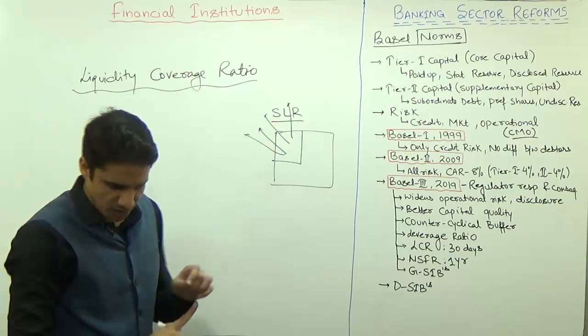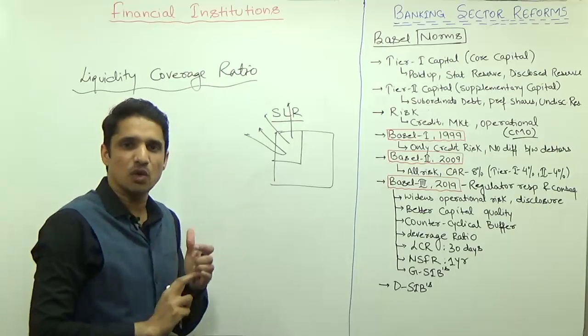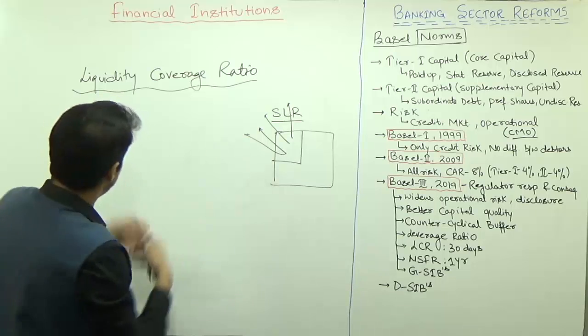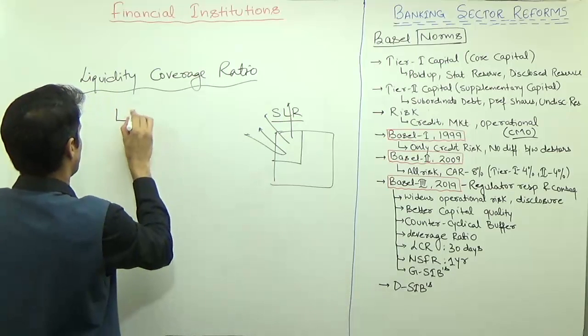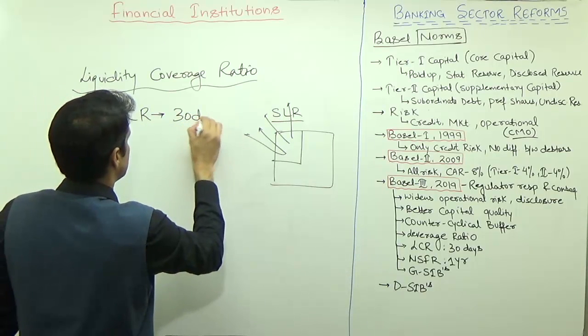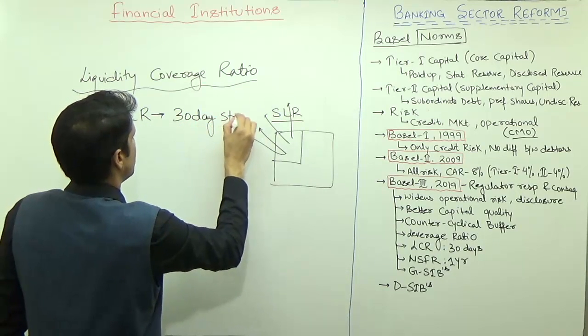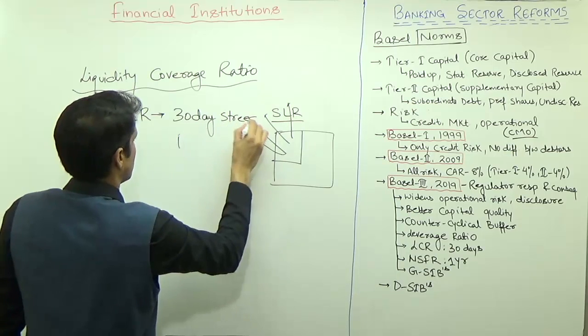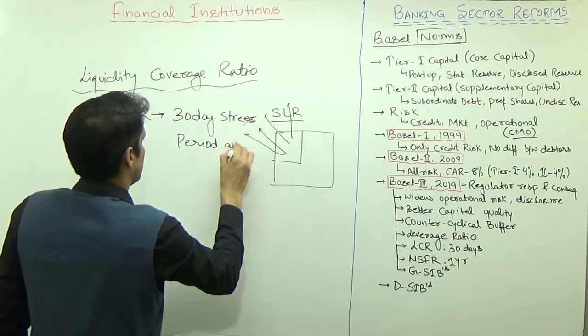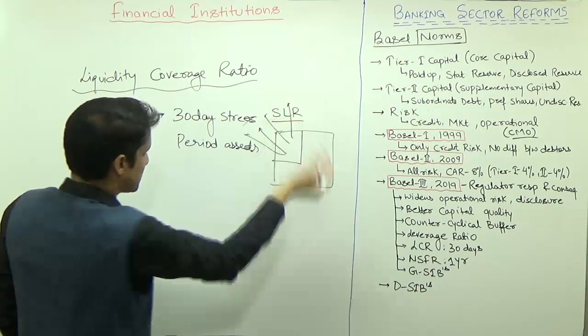These are cash, gold, unencumbered government security and excess reserves. Similarly, liquidity coverage ratio, LCR, will look after your 30 days stress period assets. The objectives of SLR we discussed.